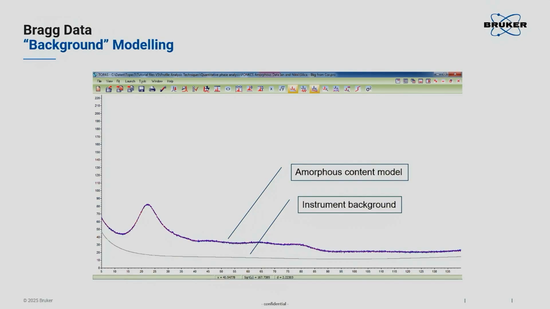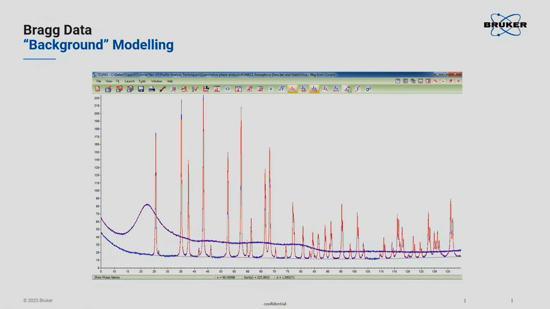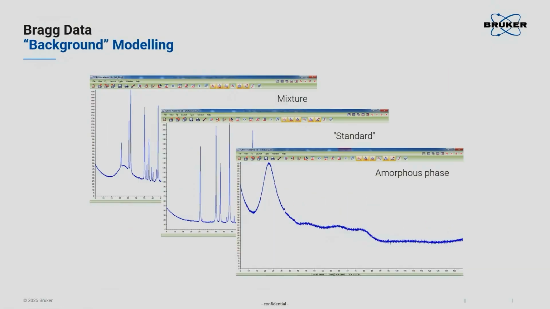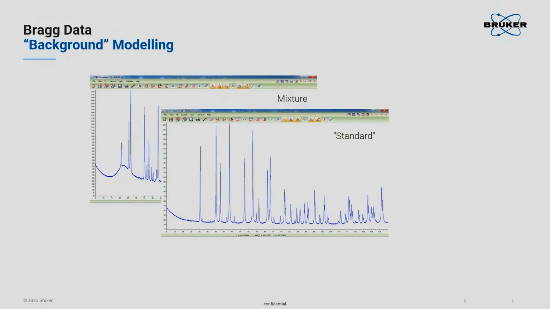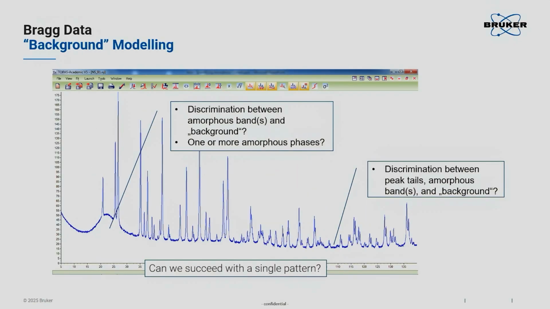So ideally, I will have two models then. If I do not have the pure amorphous content, with the knowledge of the instrument background and with my mixture pattern here, I should be able to work out the amorphous part of my pattern. The instrument background will run somewhere here, this way.